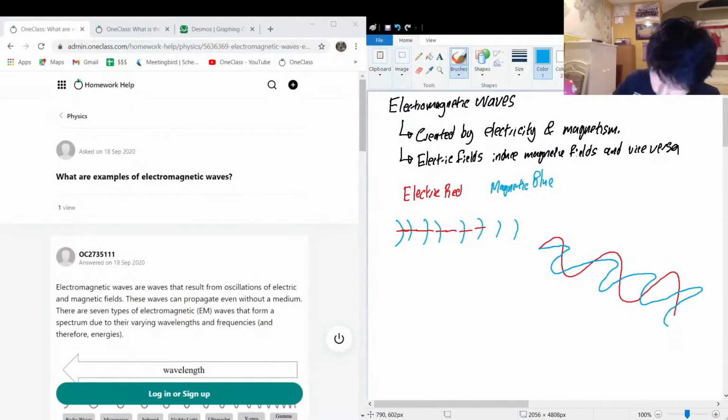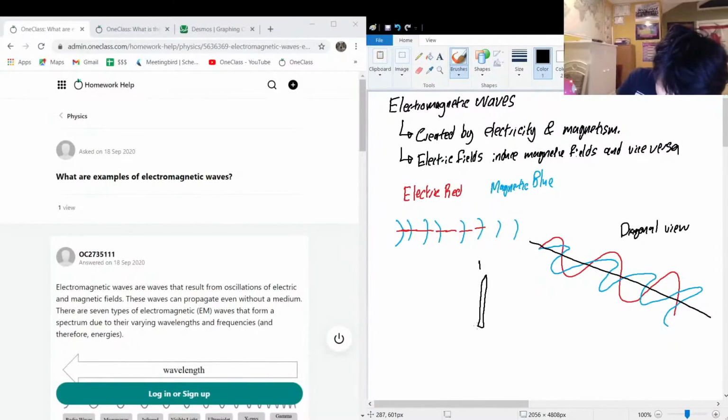Kind of what's going on here is, imagine that we have a line going through here. This would be like a diagonal view. But we know that vertically, this would be the red, and horizontally, it would be the blue. Magnetic. Red, electric.